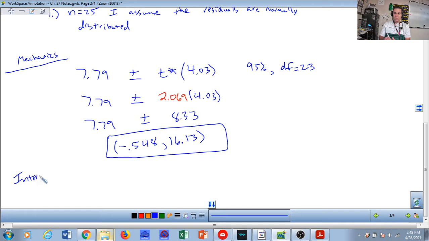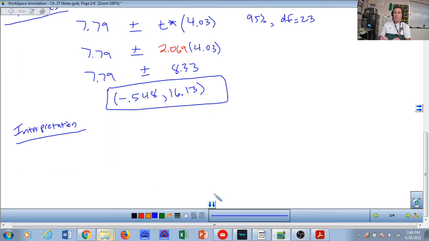Interpretation. You guys, I don't care that we're doing something else. I don't care that it's still the same kind of interpretation. So you say how confident you are.